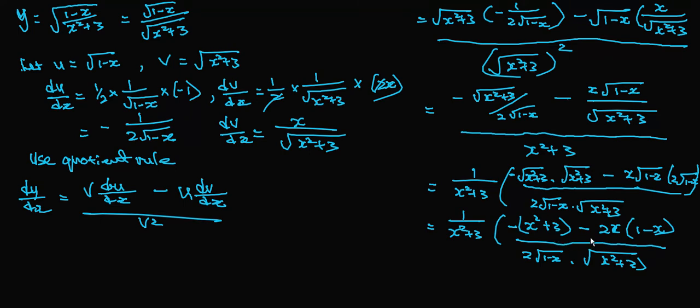Now, let's simplify here first. The top here is minus x squared, and this one is minus 2 times x times minus x, so it becomes plus 2x squared, which is minus x squared plus 2x squared, so x squared only.